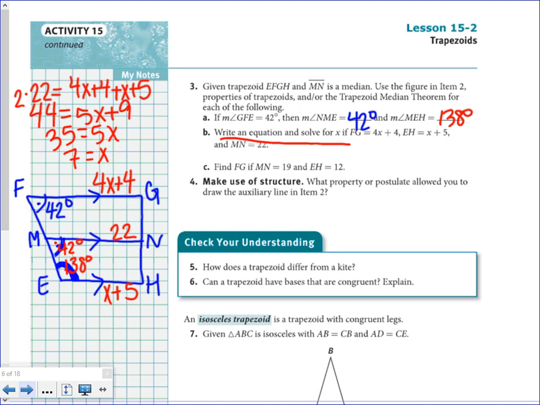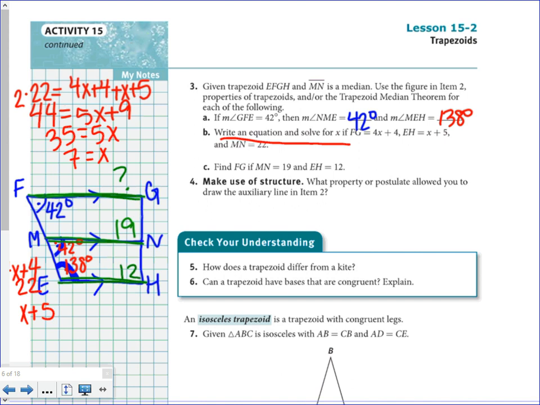For part C, it is not using these same pieces of information. What it is telling you is new, different, not related to part B. It wants you to find FG. We don't know what it is. It tells you MN is 19 and EH is 12.